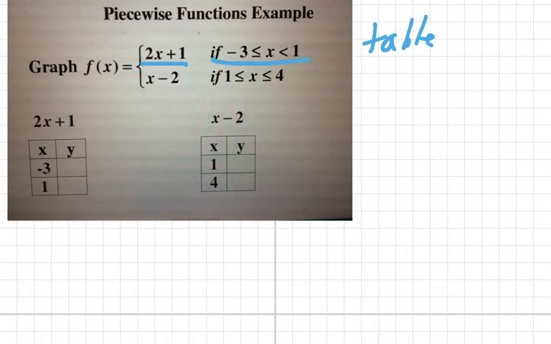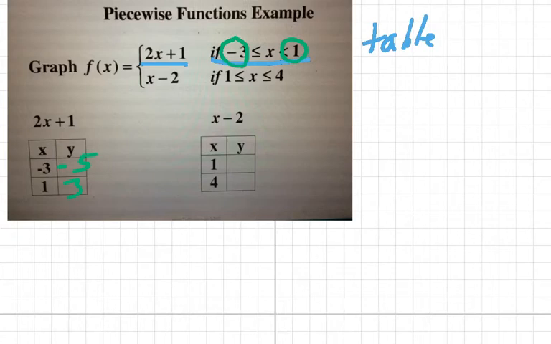I can just plug in my two values, negative 3 and 1. If I plug in negative 3 for x, 2 times negative 3 gives me negative 6. Negative 6 plus 1 is negative 5. And then do the same thing for the 1. 2 times 1 is 2, plus 1 is 3.